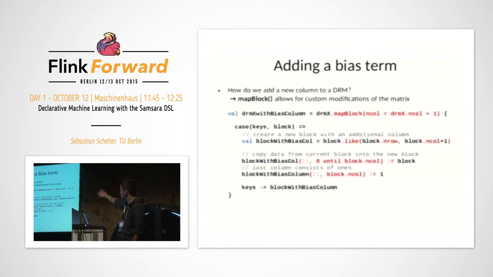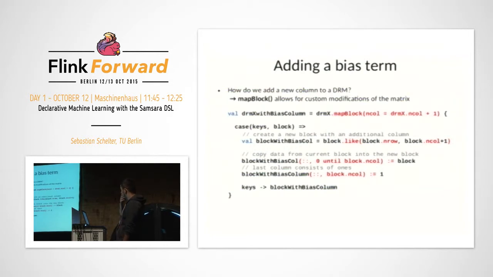And then we simply write a Scala function. So the input are the keys of a certain part of a matrix and the block. So it's basically just some part of the matrix with the keys, which can be, I think, ints or strings. And then we would create a block that looks like the actual block that we see, but with 1 additional column.